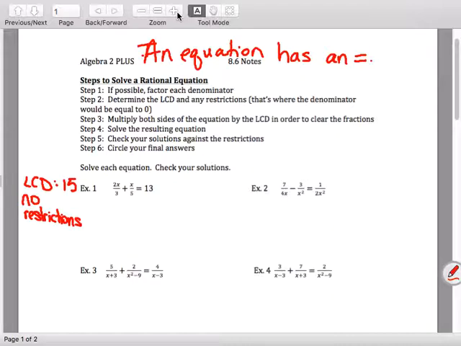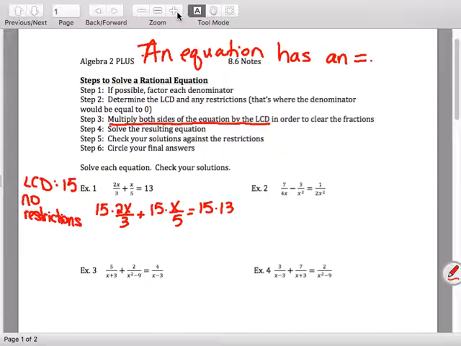Step 3, I want you to underline this. Multiply both sides of the equation by the LCD. What that's going to do for us is it's going to clear the fractions. So here we go. I'm going to take, and I want you to write it down, and I'm going to pause a moment to make sure you have it written down.